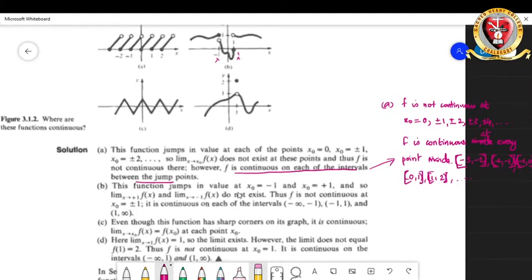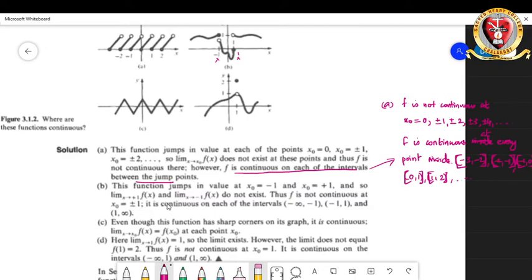To be precise, the function is not continuous at x naught equal to -1, as well as at x naught equal to +1. That means the limit as x tends to +1 of f of x and the limit as x tends to -1 of f of x do not exist, because the left and right limits at those points do not exist. Thus, f is not continuous at x naught equal to plus or minus 1 because of the jump.